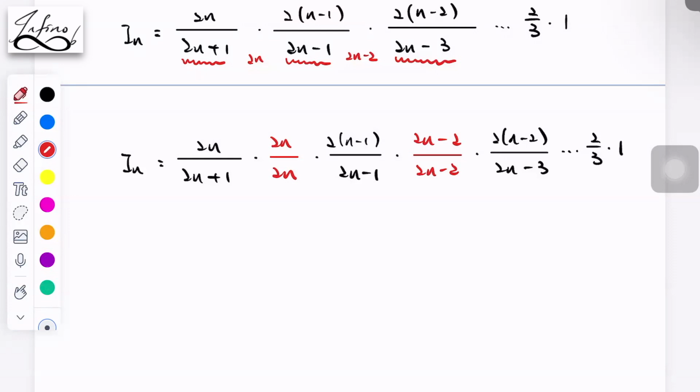But how about the numerator? Let us check. This is 2n, this is also 2n, and then this is 2, and then n minus 1. If I take out this guy, this is critical: if I take out the 2, then it is n minus 1.